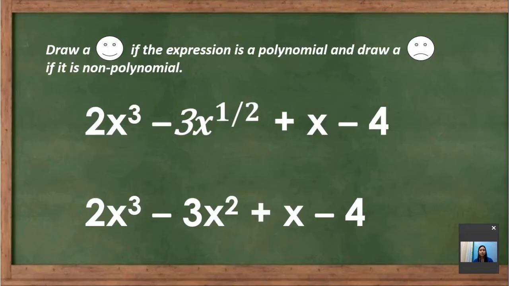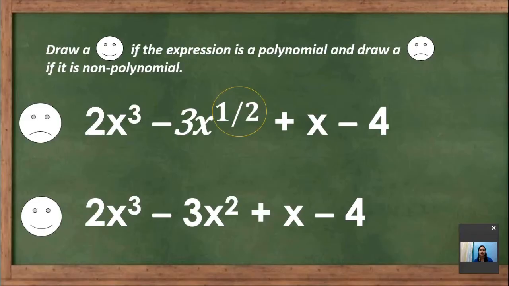So which do you think is a polynomial and which one is a non-polynomial? You're correct. The first expression is a non-polynomial, while the second expression is a polynomial, since the first expression has a fractional exponent.